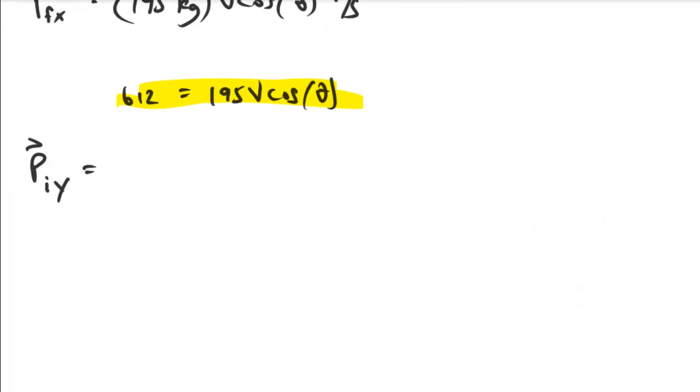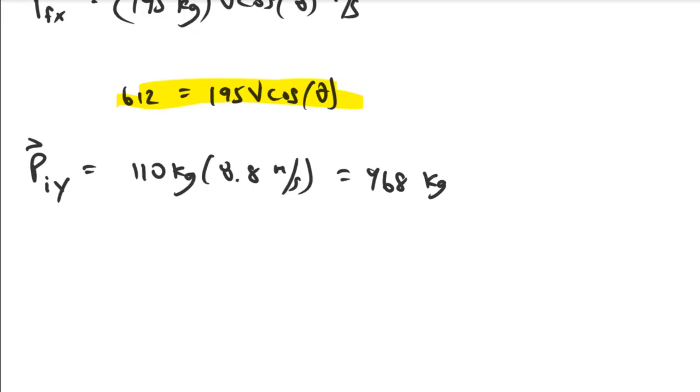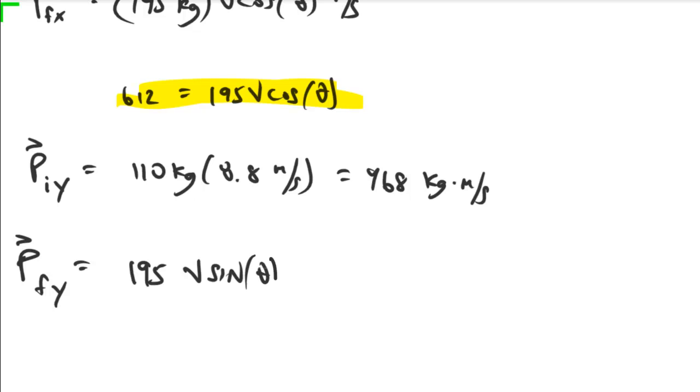Right, so the initial momentum in the y direction is 110 kilograms times 8.8 meters per second, and this comes out to 968 kilogram meters per second. And then the final momentum in the y direction is equal to the total mass, which was 195, times the y component of velocity, which was v sine theta, right?